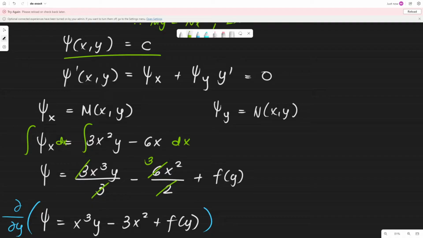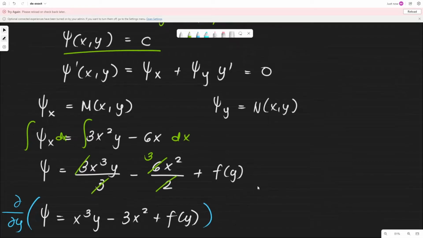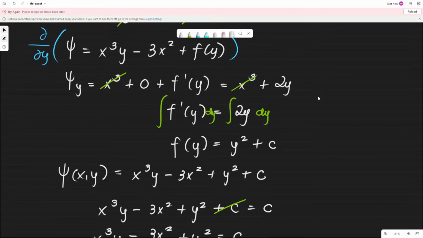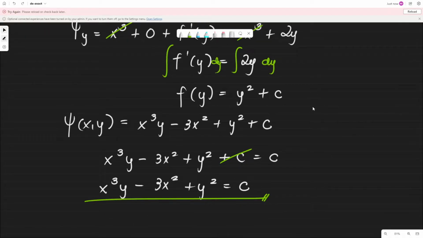So we'll get psi, then we will have a f of y function here. So kailangan natin kunin yung value ng f of y, so hence we're going to get the partial derivative in respect to y naman. So ayan, then makukuha natin yung value ng f prime of y, then just get another antiderivative to get the actual value of f of y in respect to psi y. So kapag nakuha na natin, balik na lang natin yung value ng f of y dun sa nakuha nating psi function. Then we will get the answer, basically.